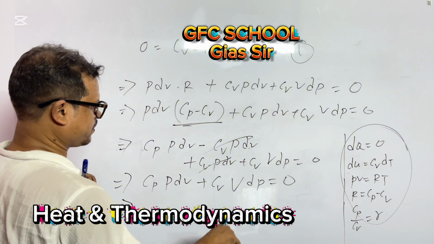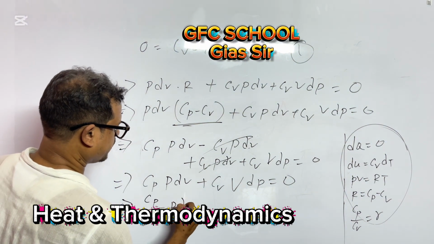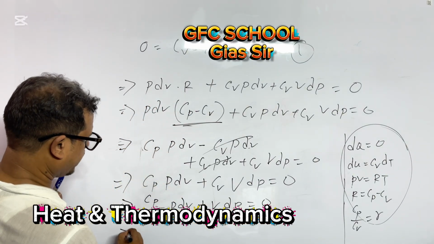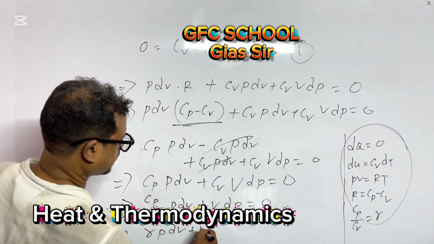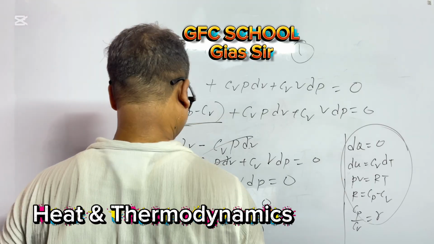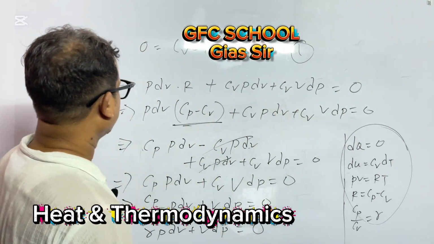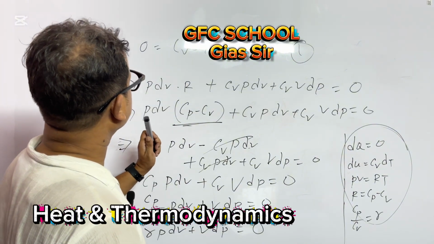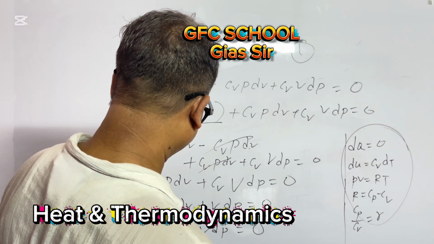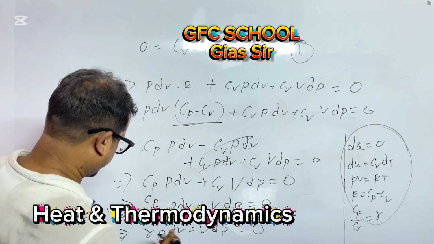That means we have to divide both sides by Cv. Here gamma PdV plus VdP equals 0.